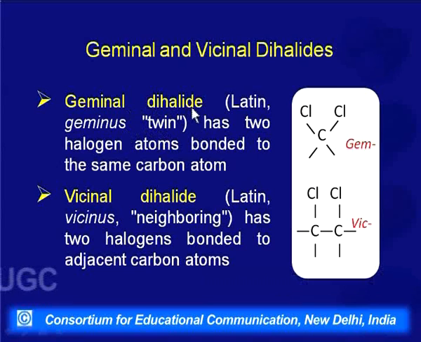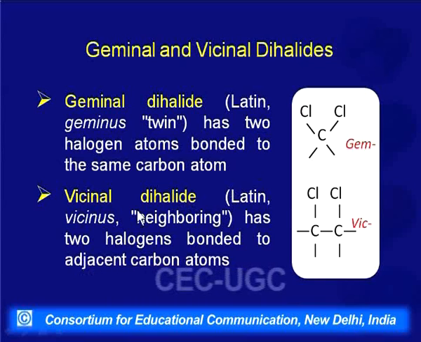The geminal dihalide has 2 halogen atoms bonded to the same carbon atom. Look at this structure. The 2 chlorine atoms are attached to this carbon, and we call this carbon the geminal carbon, or this dihalide the gem dihalide.